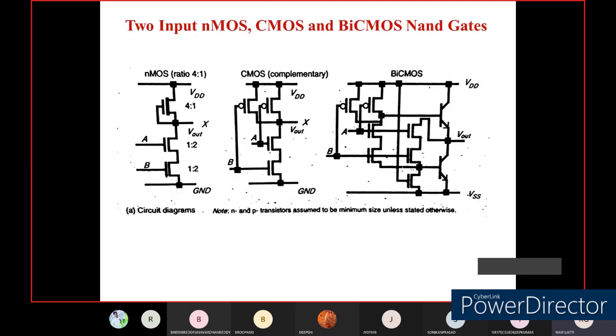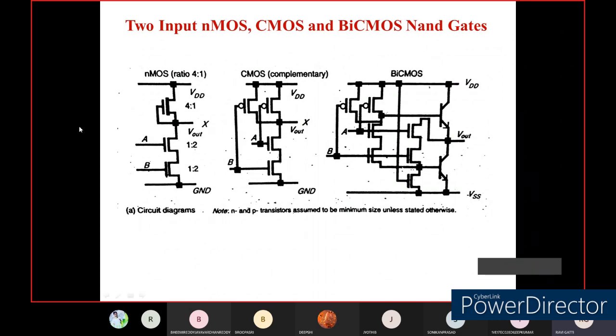So what we have used for your NMOS, CMOS and BiCMOS NAND gate implementations. This is the BiCMOS NAND gate implementation. I think we all know how we can create this NAND gate implementation. The NAND gate implementation is nothing but AB bar.